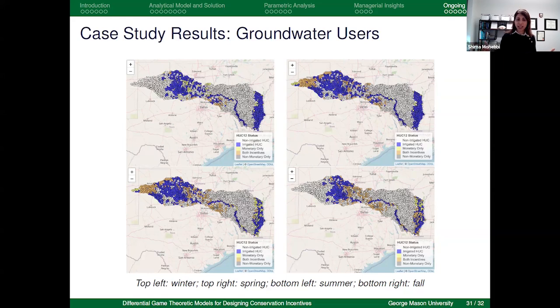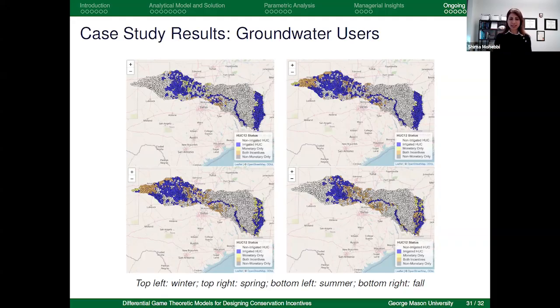Now, what we see throughout the year is that the expected acceptance rate for monetary incentives increases from 20% in winter to around 40% in summer, slightly rising to 44% in the fall.